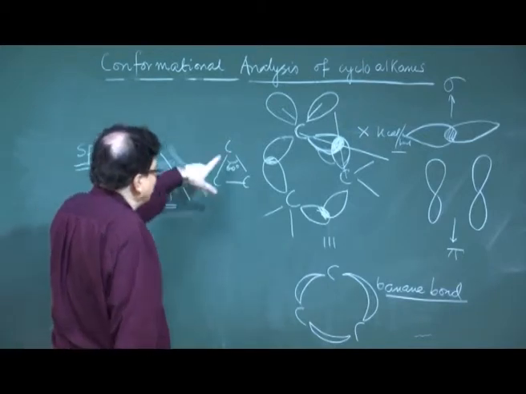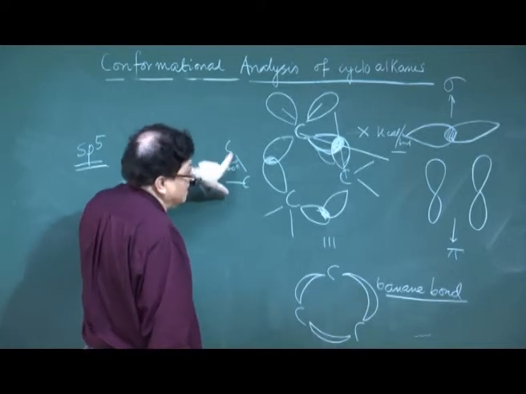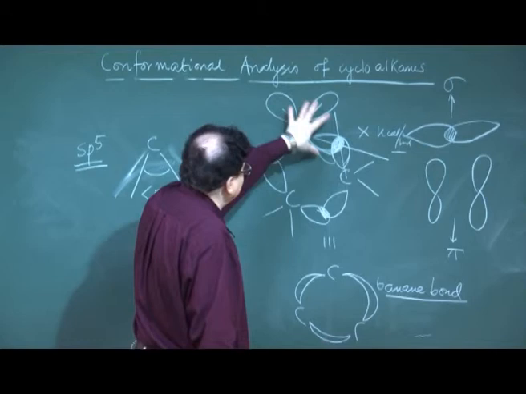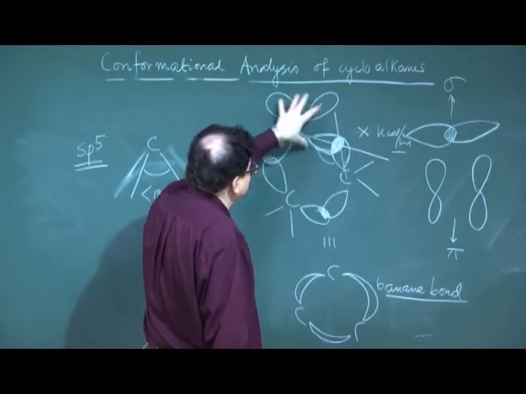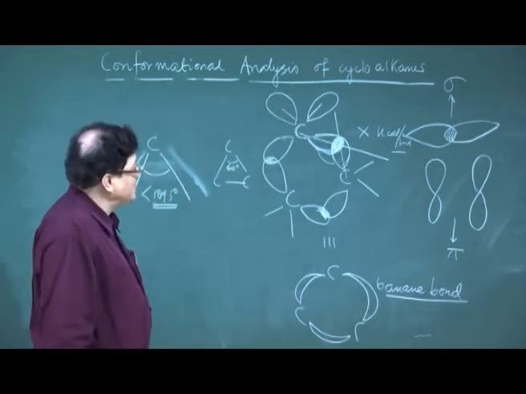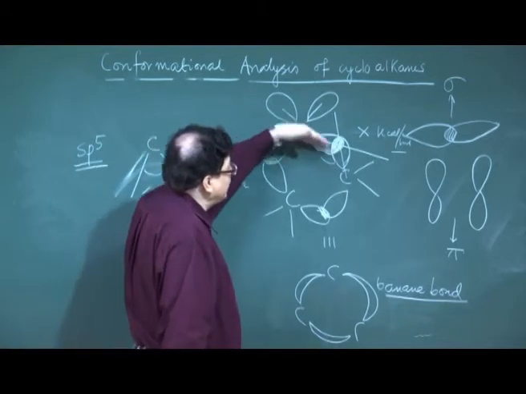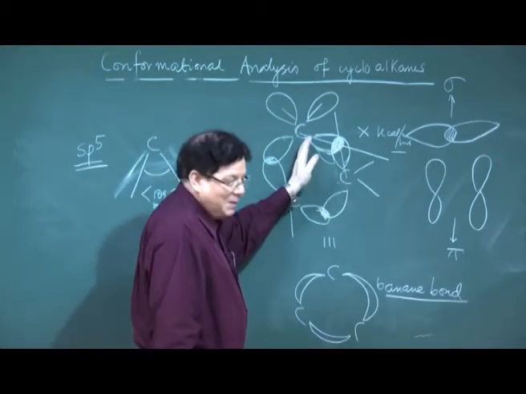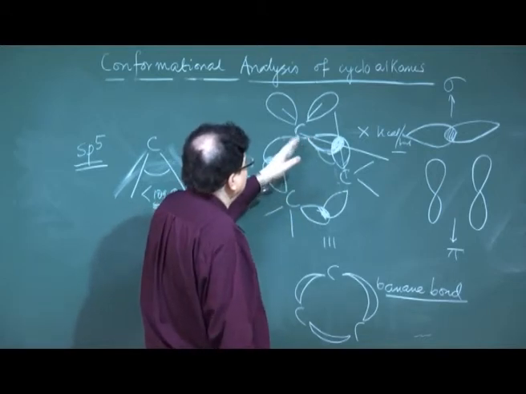So, now this carbon is intelligent. Once it sees that there is a problem if I have perfect equality amongst the hybrid orbitals, what will it do? It will put more p character in the bonds which are making the cyclic system, but you have to compensate for that.